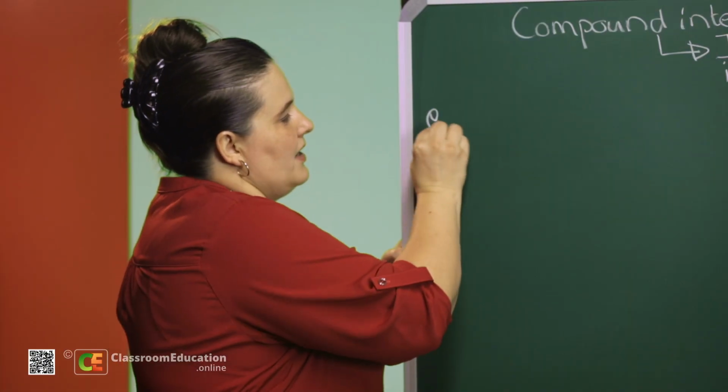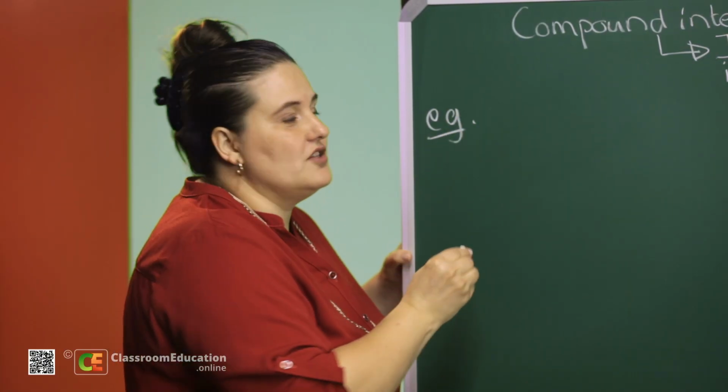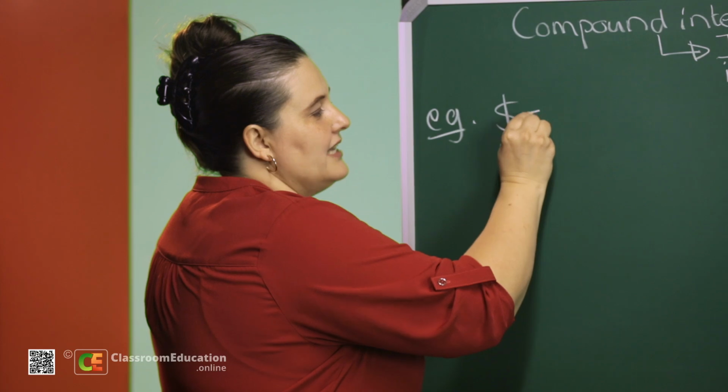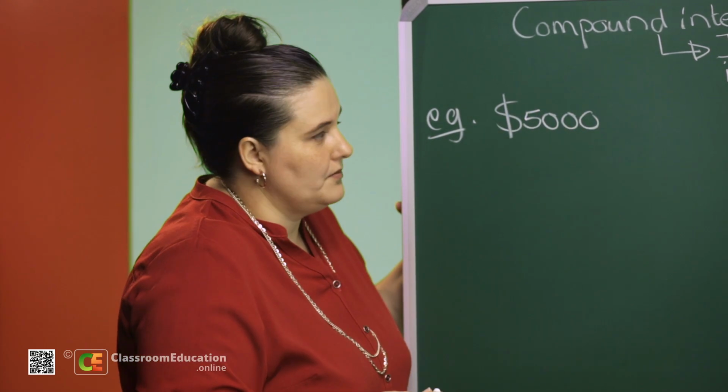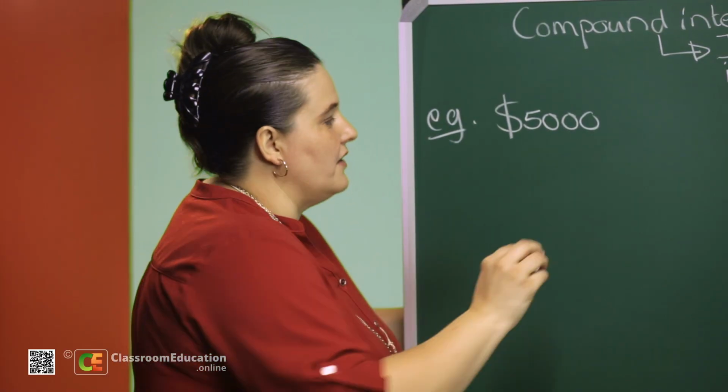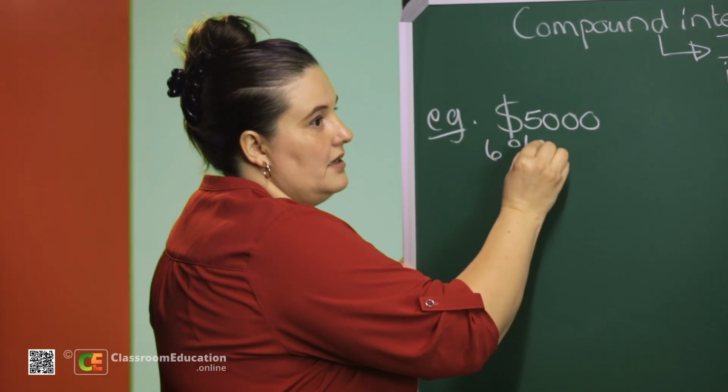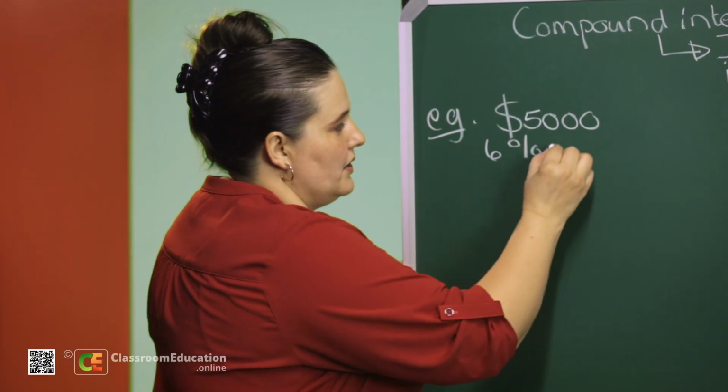Let's say you have $5,000 and you are depositing this into a savings account. You get an interest rate of 6%, but it is compounded annually.